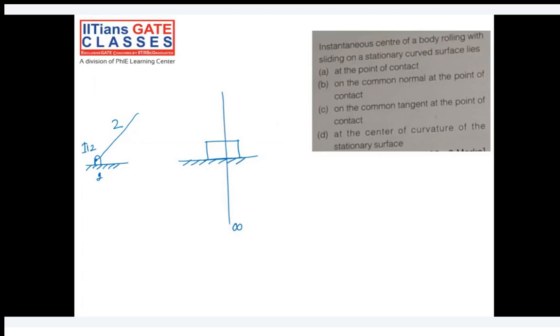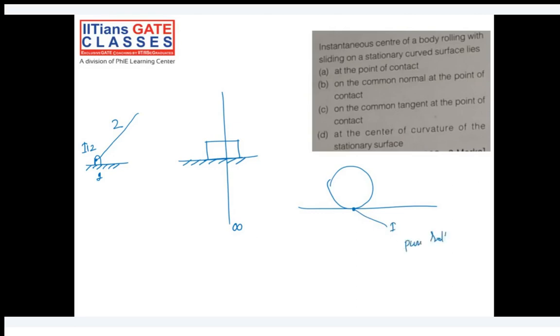Okay, when we have complete sliding motion, and when we have a pure rolling motion, the instantaneous center will be at the point of contact. Okay, this is I, and this is pure rolling.